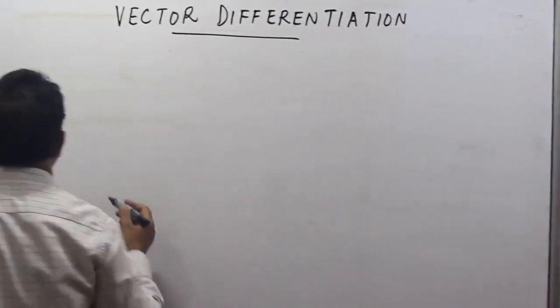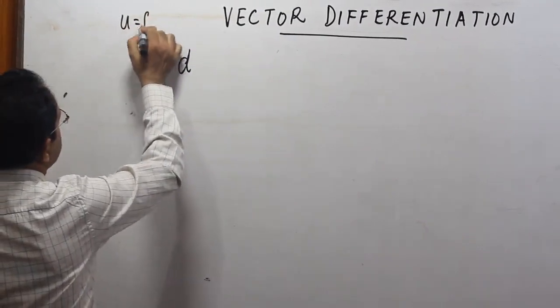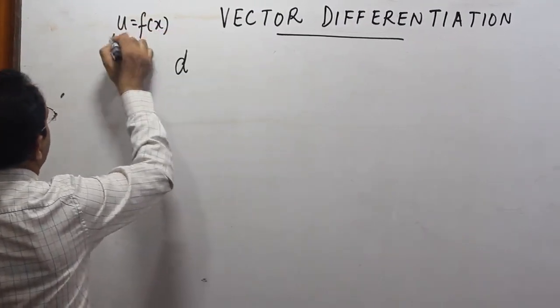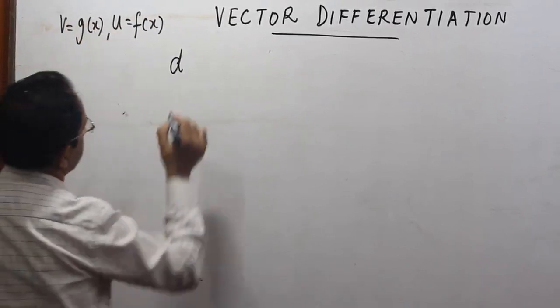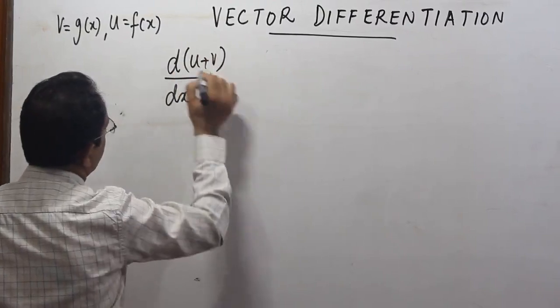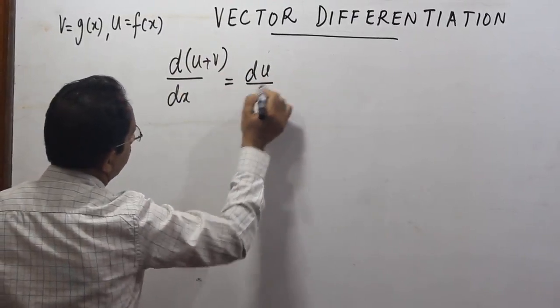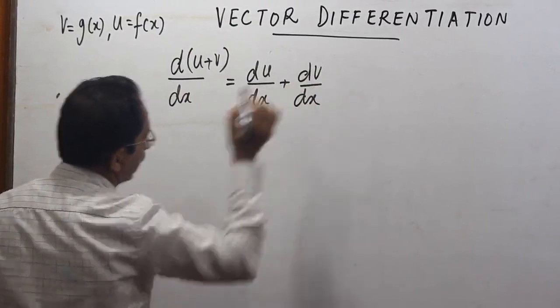For example, if I have u as a function of x and v as another function of x, then we are aware of some of these formulae. d over dx of u plus v would be equal to derivative of u with respect to x plus derivative of v with respect to x.